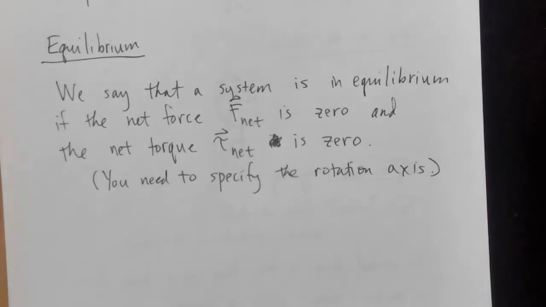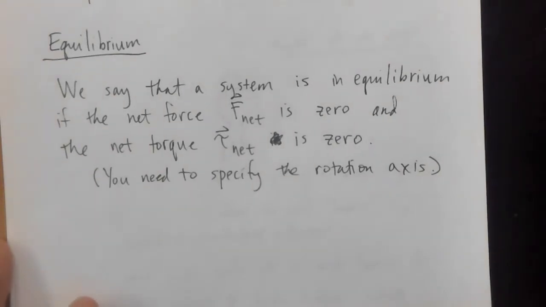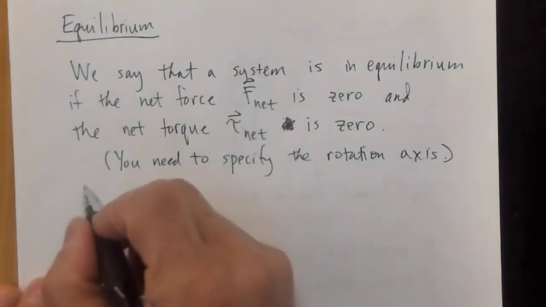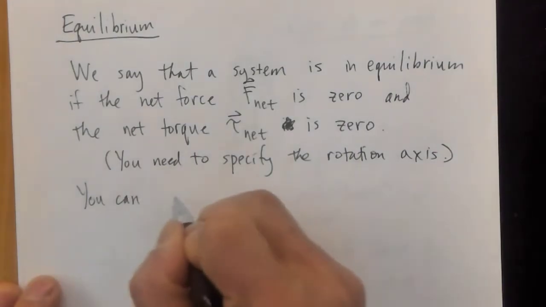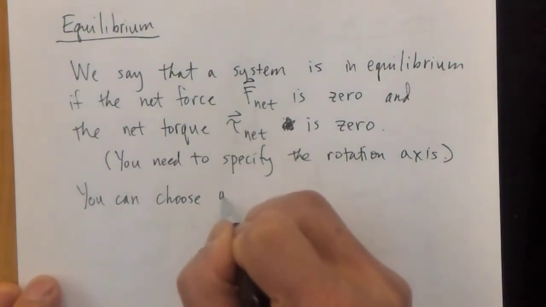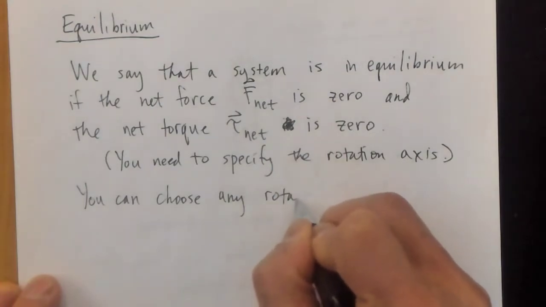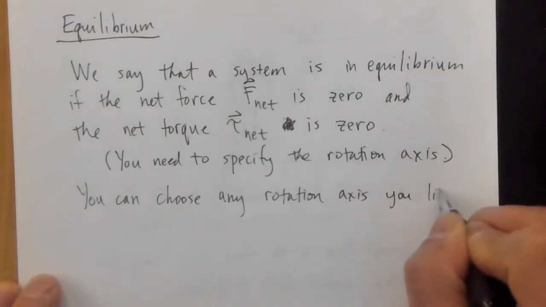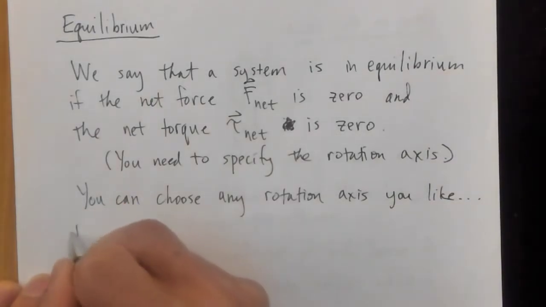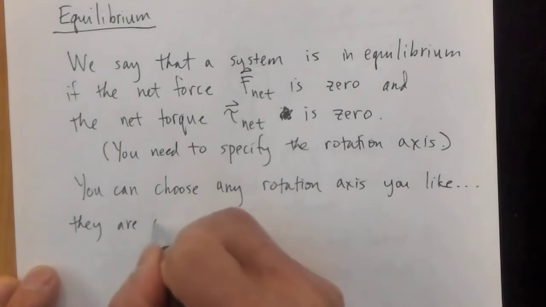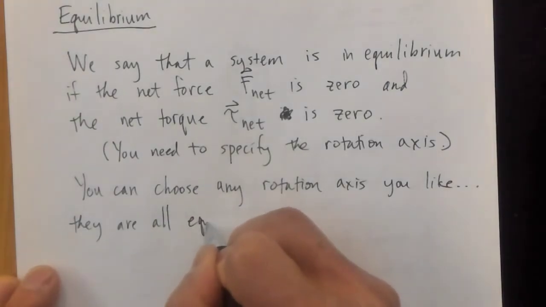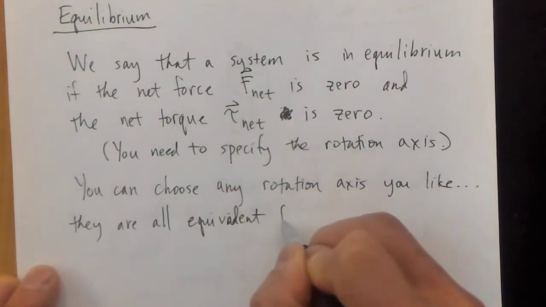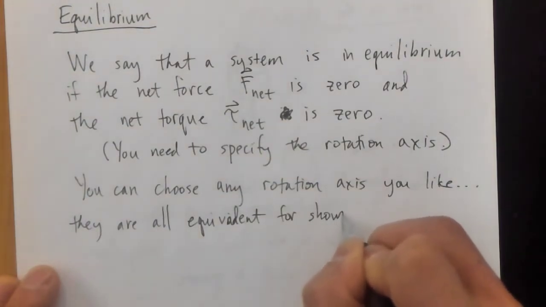I'm not going to go through the argument. So there is a little bit of freedom. You can choose any rotation axis you like. They are all equivalent for showing equilibrium.